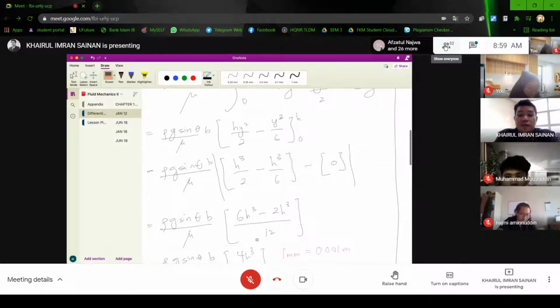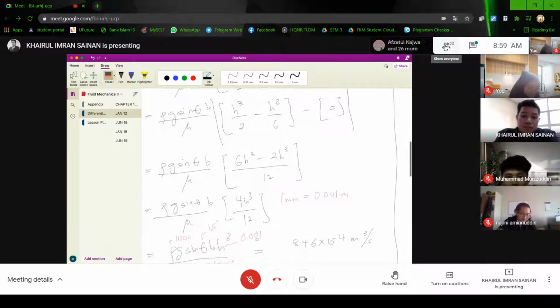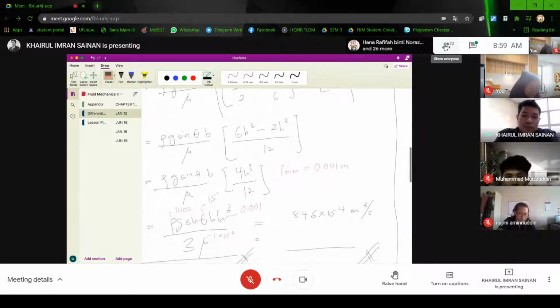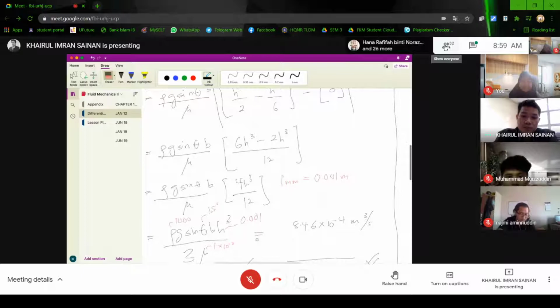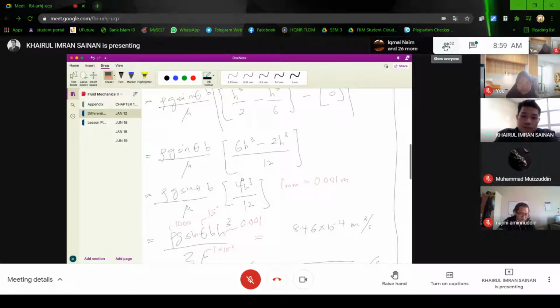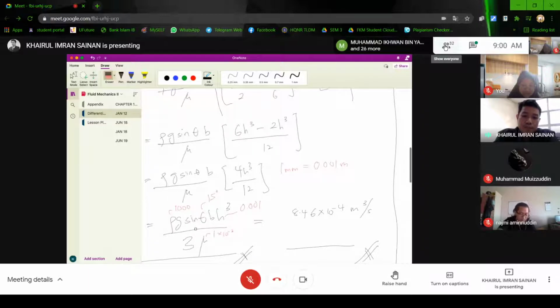Right, sorry. So 4H cube divided by 12, so later it's going to become rho G sine theta B H cube divided by B mu. Alright, good. Thank you.